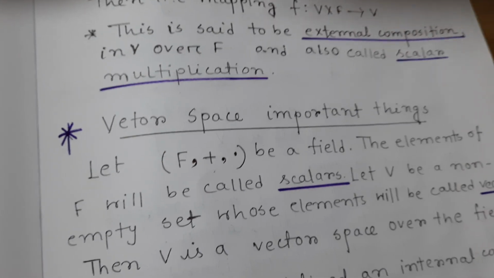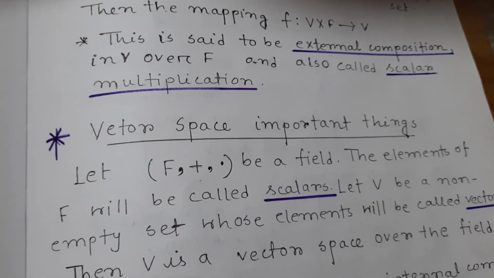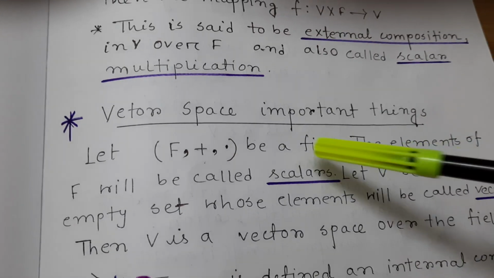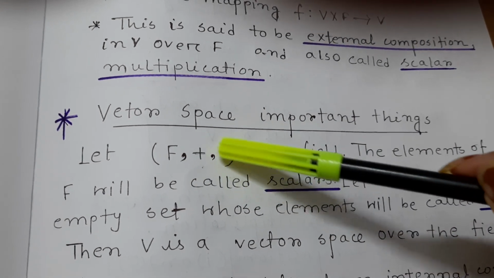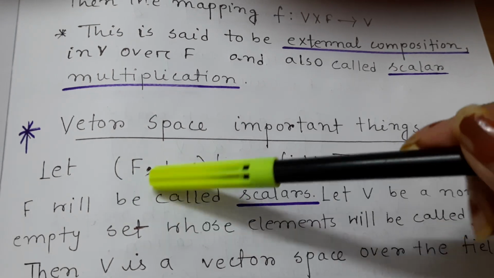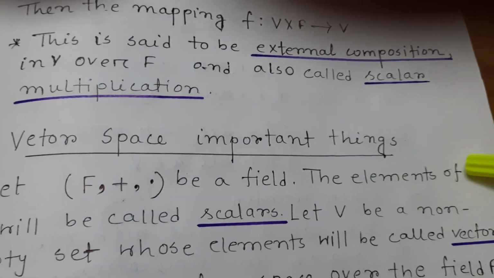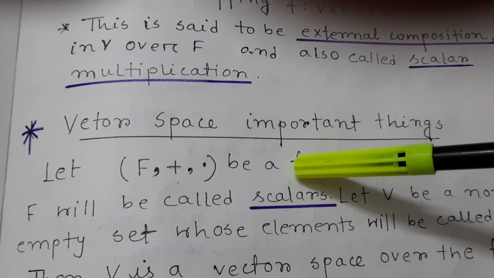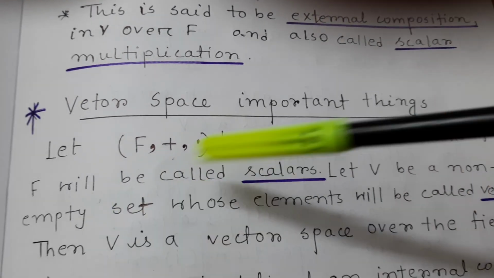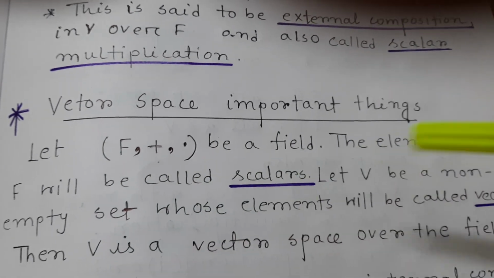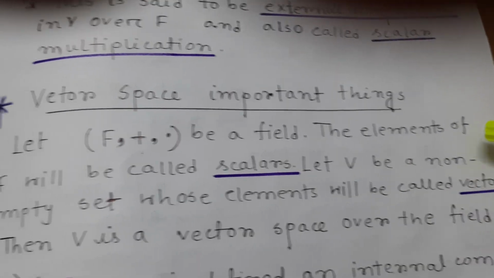Next, vector space, important things. Let F be a field, where this dot represents multiplication and this plus represents addition. The elements of F will be called scalars. Let V be a non-empty set whose elements will be called vectors.